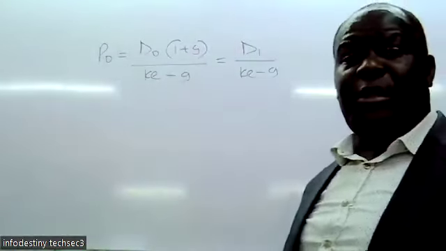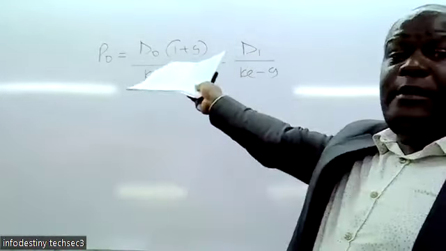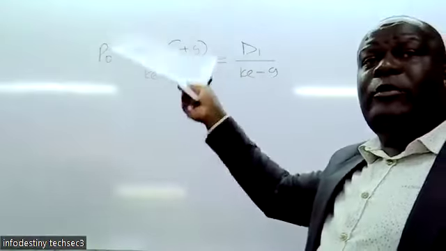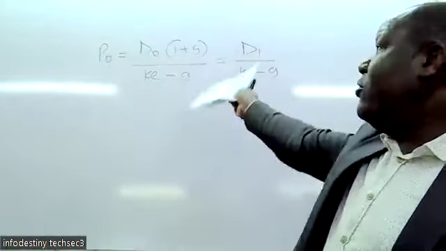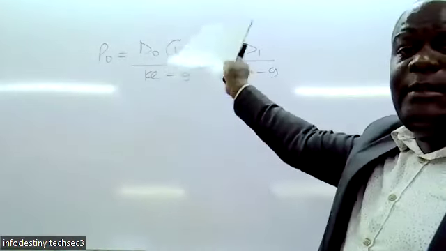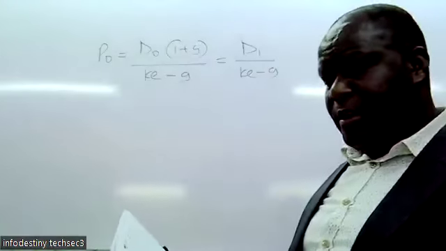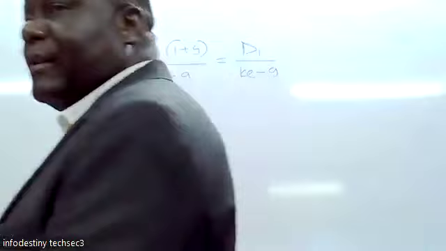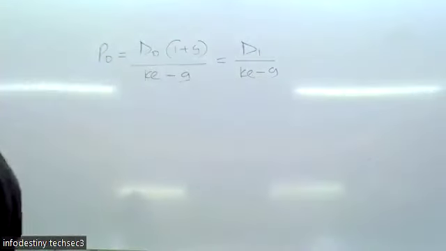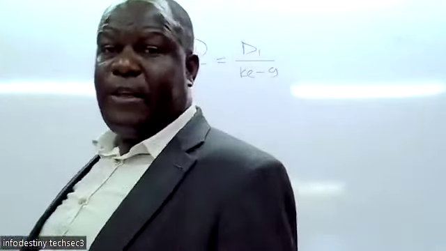You should also take keen note of that because my D0 here is not the same as the D0 that I may have given you before. I hope we get to know that. My D0, this one, is the last dividend that was paid. The last dividend that was paid in that question is 2017, because that pattern was for the last 5 years.